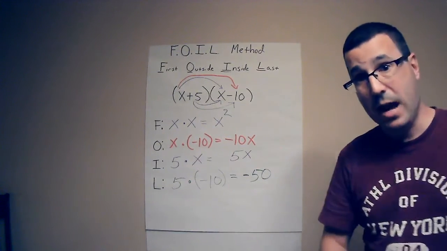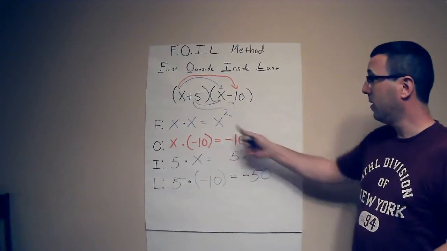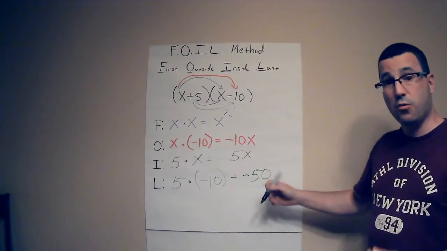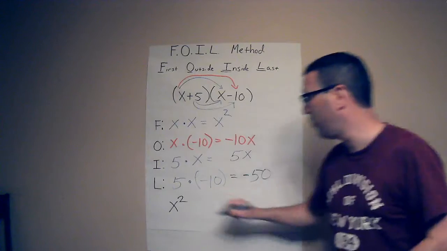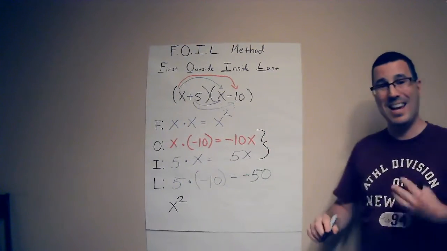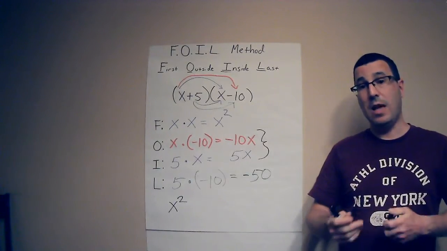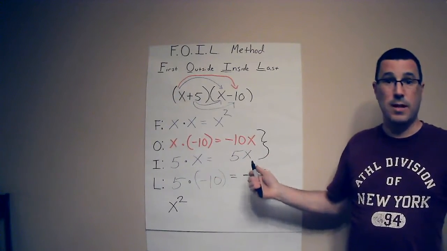Now again, what we have to look for is, do we have like terms? So I have this x squared here. I have no other squared terms, so I'm going to write x squared. But if I look, my outside and my inside terms are both x terms. Both have the x variable, so we're going to put these together.